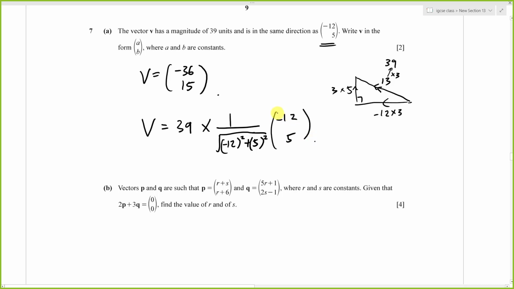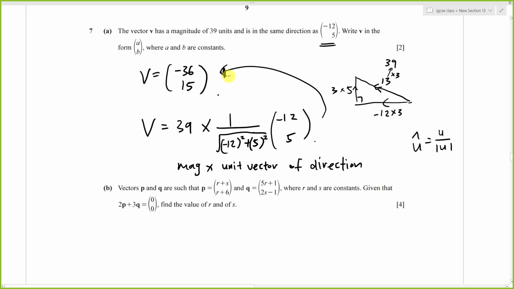The idea is we're using the magnitude multiplied by the unit vector of the direction. I hope you still remember what a unit vector is. A unit vector is basically the vector u over the magnitude of u. So I use the magnitude multiplied by the unit vector of the direction, then I still get back the same answer here. If you want to do that, you can do that.